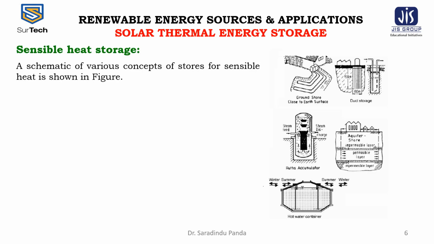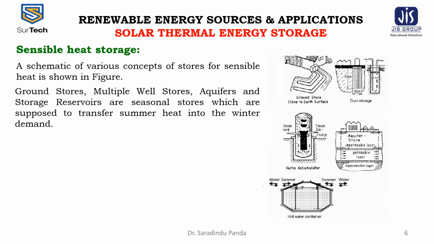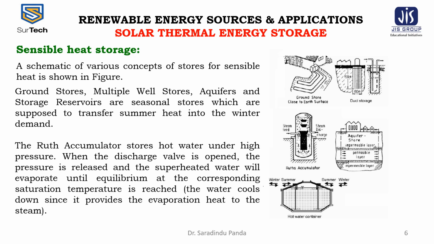Now the schematic of various concepts of the stores for the sensible heat is shown in the figure. First is the ground store, multiple well stores, aquifers, and the storage reservoirs as the seasonal stores, which are supposed to transfer the summer heat into the winter demand.